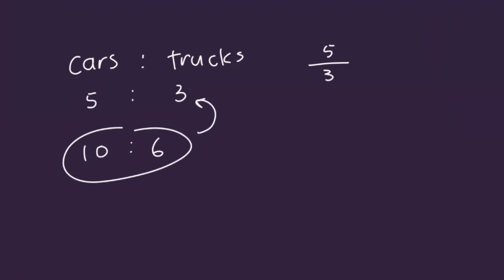In this context, a ratio of 5:3 means that for every 5 cars, there are 3 trucks.